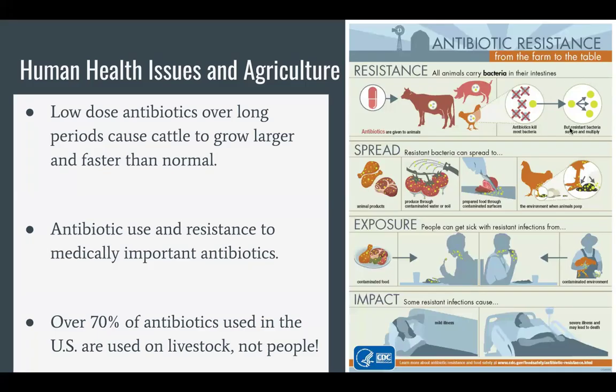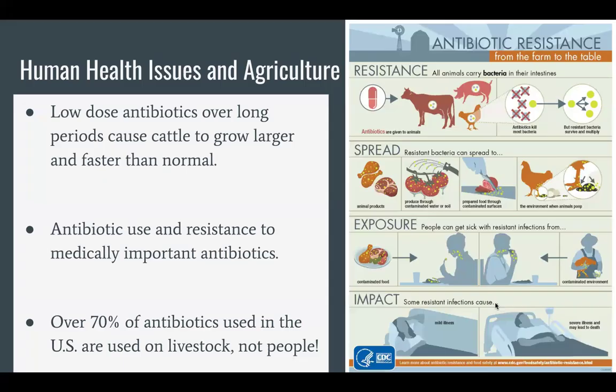These resistant bacteria can spread to foods that we then consume, and we get sick with infections from these resistant bacteria. Now, if the bacteria are resistant to the antibiotic type that a doctor prescribes you, the medication is not going to be effective, right? So you can end up with very serious resistant infections that cannot be treated with antibiotics.